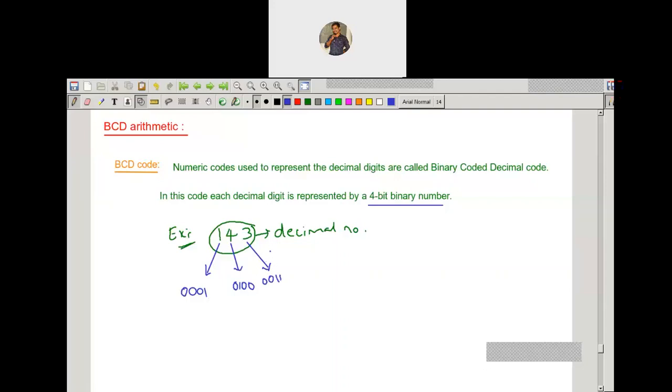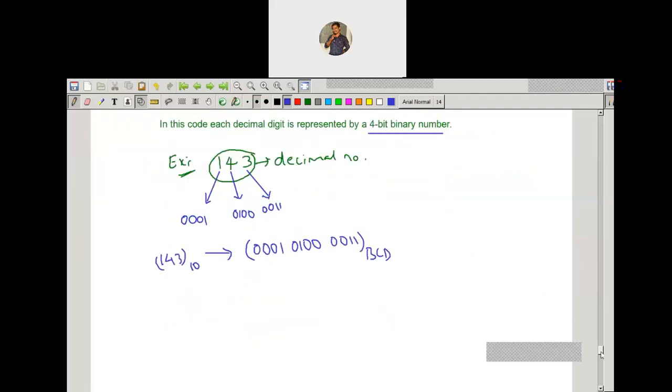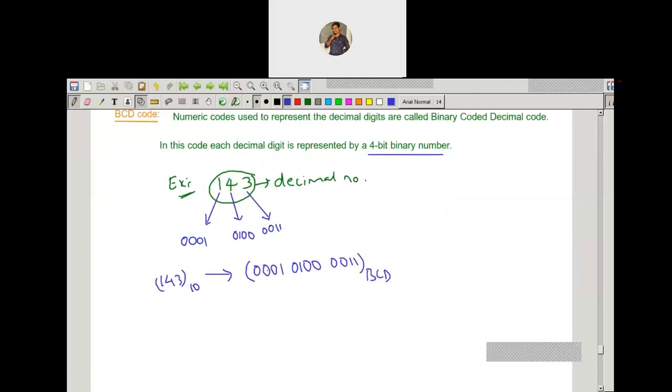So you can represent this decimal number 143 in BCD form as 0001 0100 0011. This is the BCD code. This is the conversion of a decimal number into BCD code: we represent every decimal digit by using a 4-bit binary number.